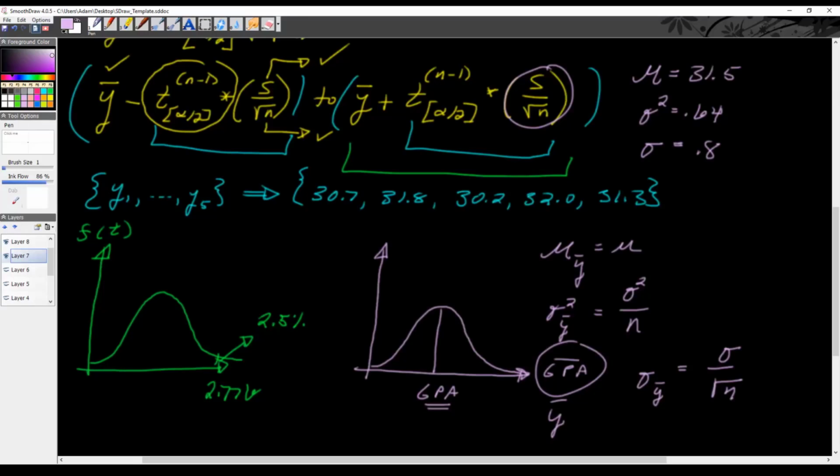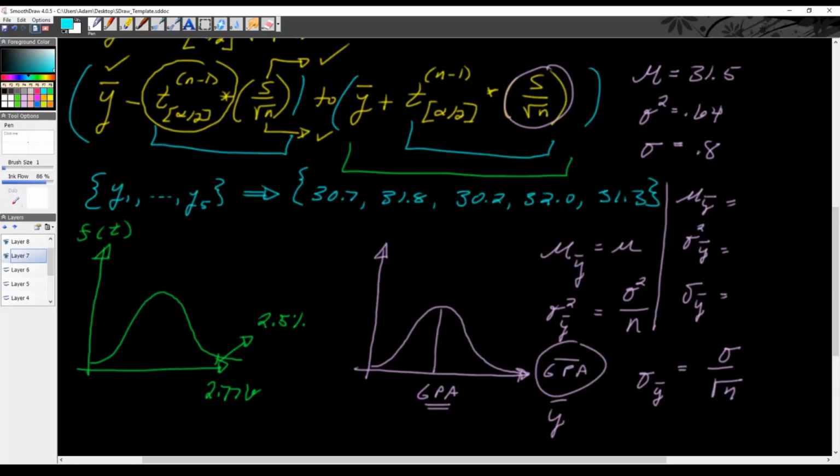The question is, what are the values for the average of the averages, the variance of the averages, the variance of the sample statistic, and then the standard deviation of the sample statistic? So given this information, what are those values? And again, you can solve for them on your own.